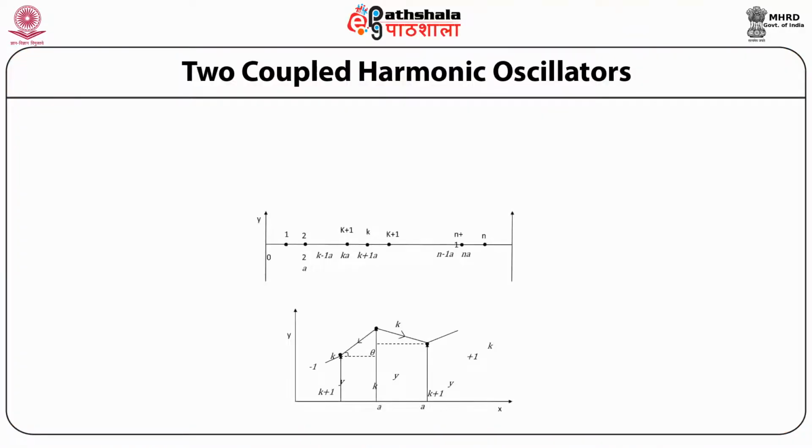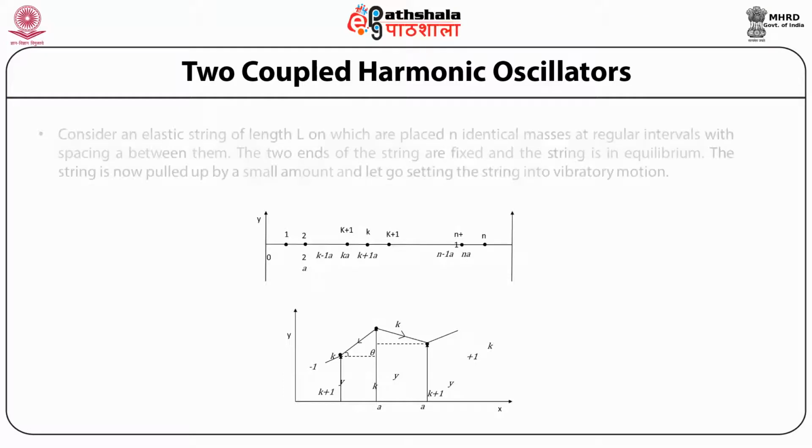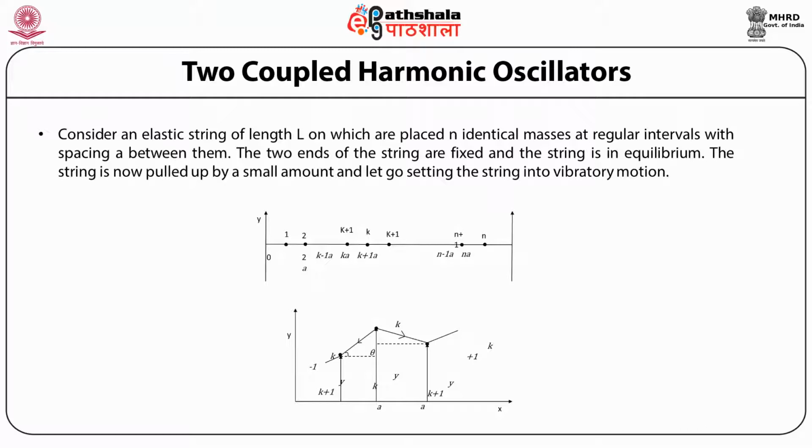We consider vibrations of a loaded string. Consider an elastic string of length L on which are placed n identical masses at regular intervals with a spacing a between them. The two ends of the string are fixed and the string is in equilibrium. The string is now pulled up by a small amount and let go.